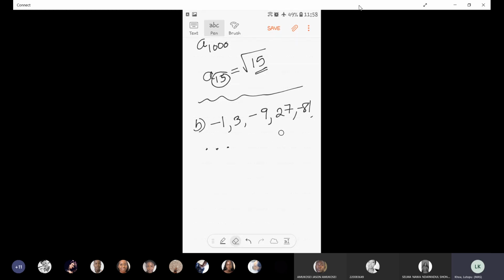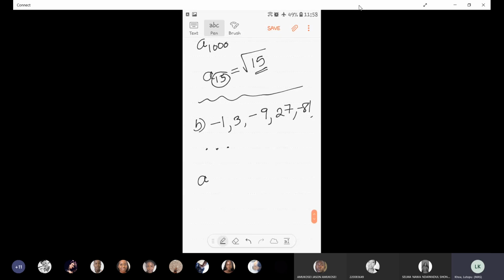And then 27 times -3 is -81. That is correct. So if I know the first term, to get the next one, I just multiply it by -3.